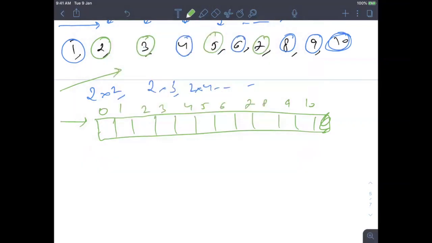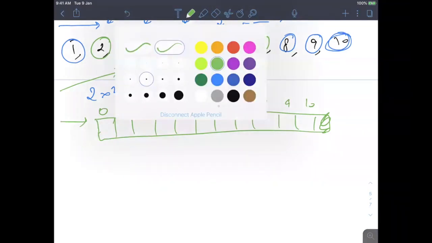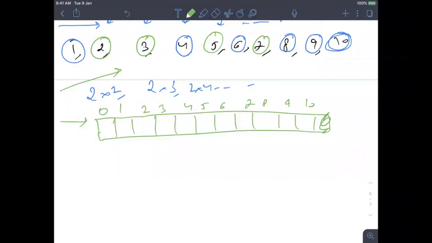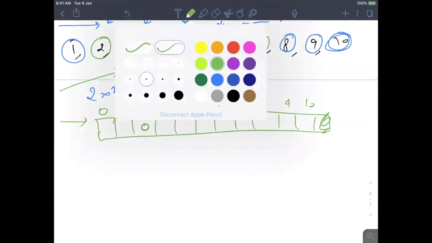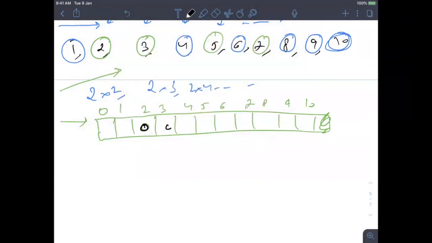Initially no one was circled, but we cannot circle in a code. So what we are doing is I'm marking everything as 0.